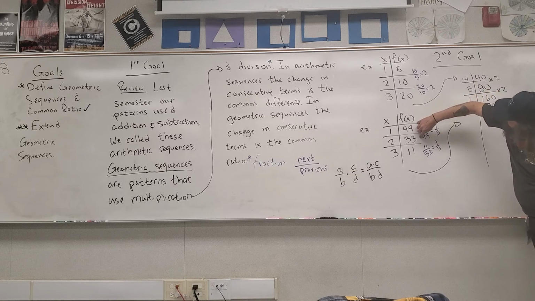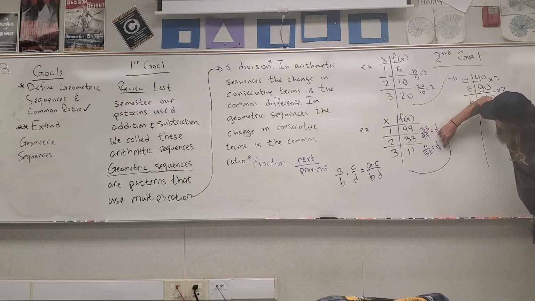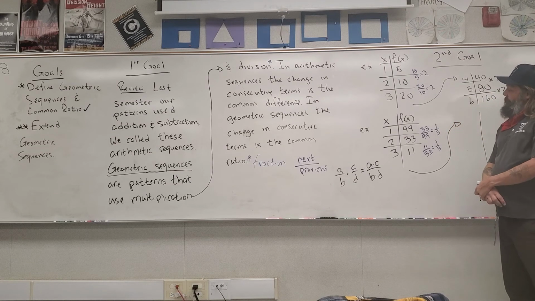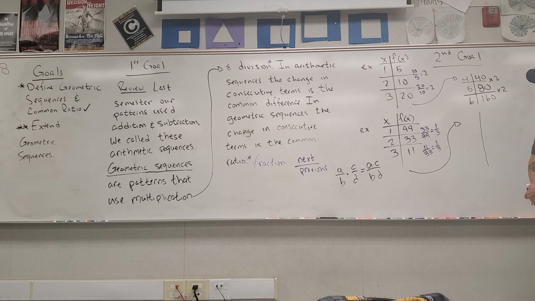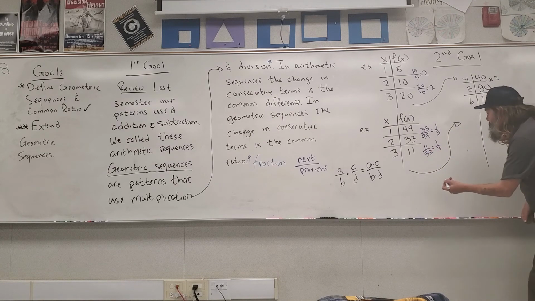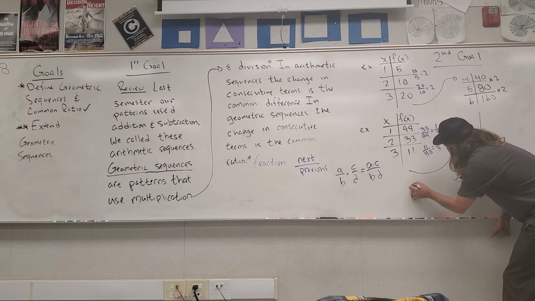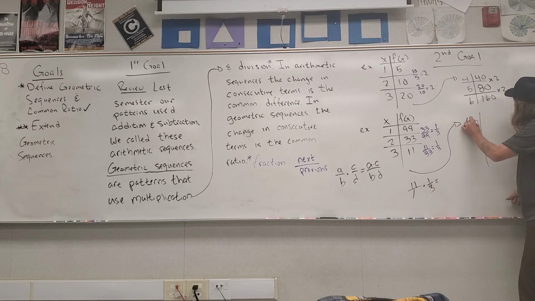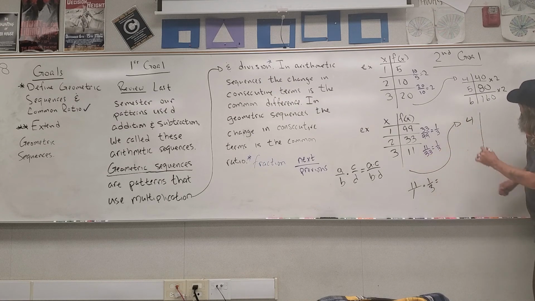To go from 33 to 11, I have to multiply by a third. So to find the next term, I'm going to multiply 11 by a third. I'll do a little scratch work off to the side: 11 over 1 times 1 over 3. 11 times 1 is 11, and 1 times 3 is 3, so 11 over 3.